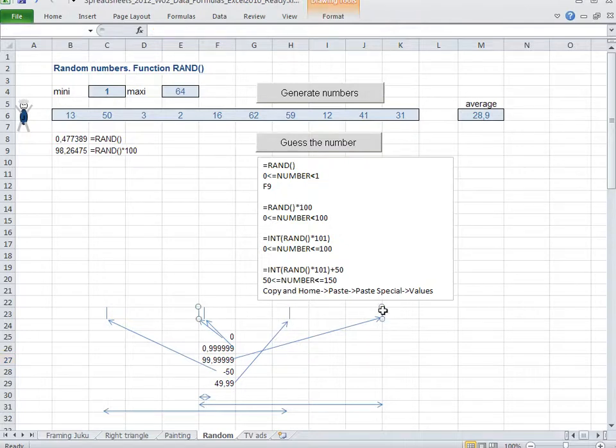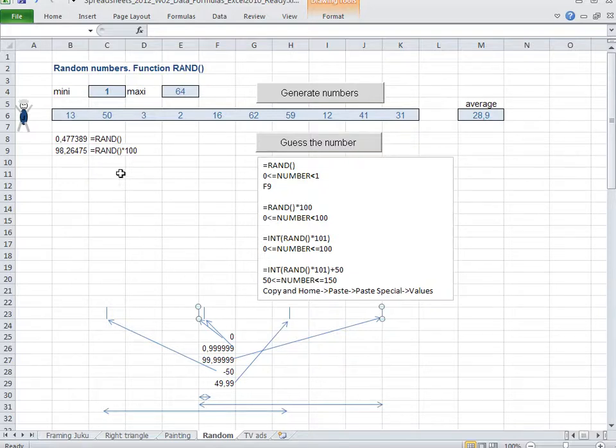This is what we end up with when we multiply RAND with 100. Once again, the numbers varied between these two, and the smallest number was 0. When we multiplied with 100, it will still be 0. The bigger number was 0,99. When we multiplied with 100, it will be 99,99. So it's going to be between 0 and 99,99.